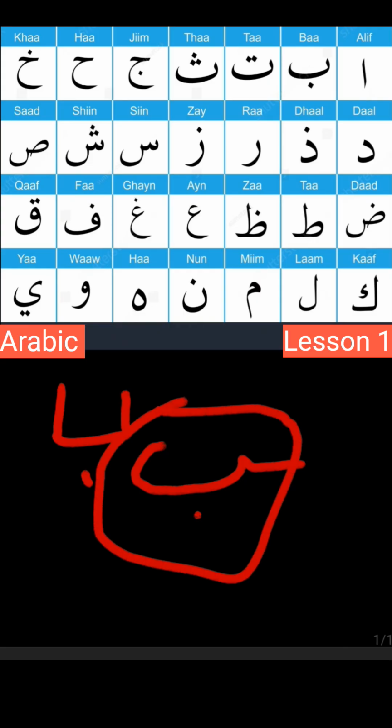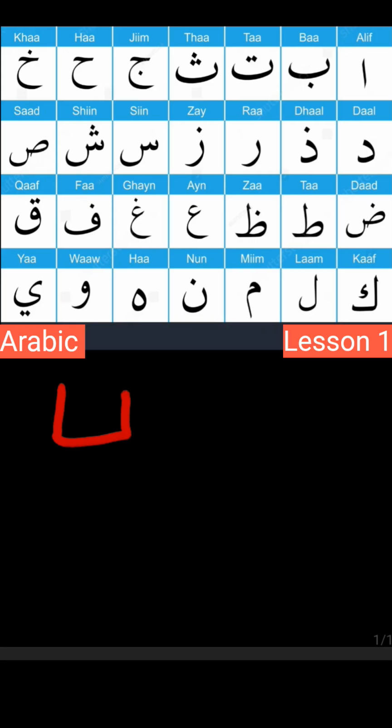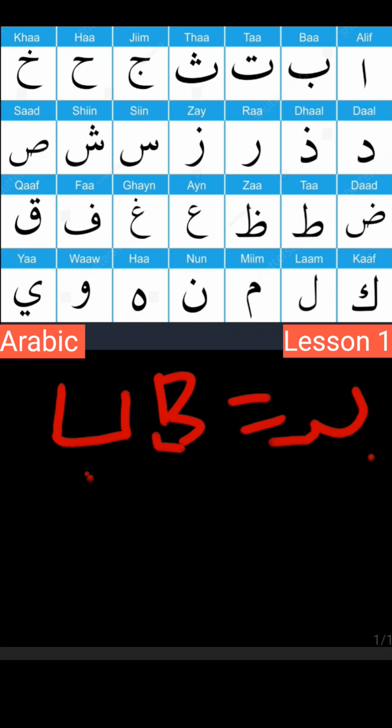So those are called how the letters are joined together. They're like the different forms. We call it basically beginning, middle, end. For B in the beginning, it looks like this. In the middle, it looks like this.